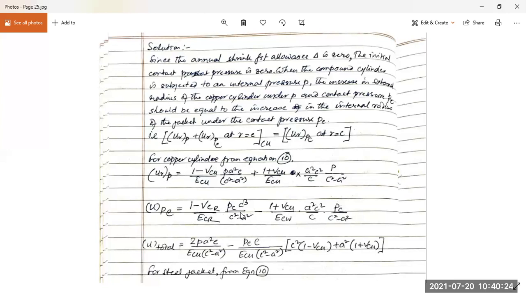There is a minus here, and PC is C² divided by (C² − A²), and there is a minus, and this is C² minus A² same. So the total will be this equation minus this equation itself.